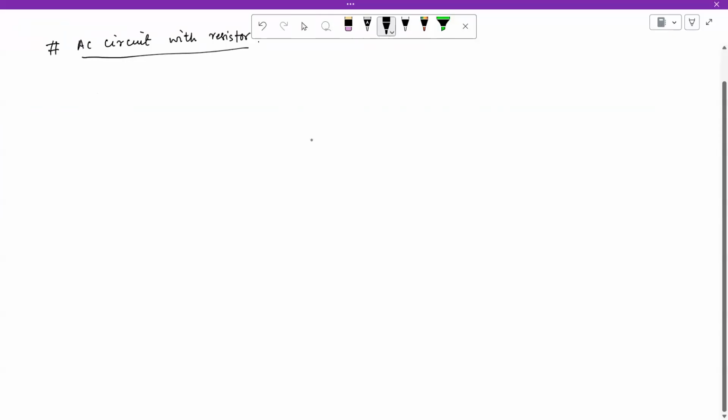So we have this supply from an AC generator, and then we connect a resistor to it. So this is some resistance, and the current is flowing.